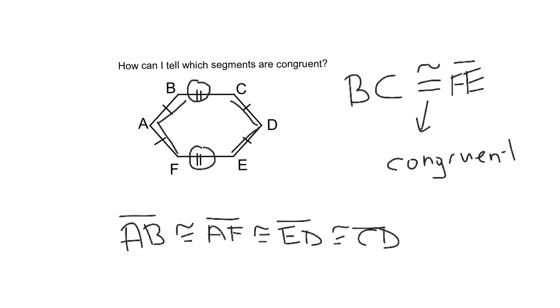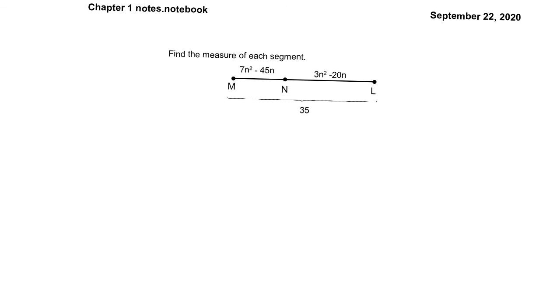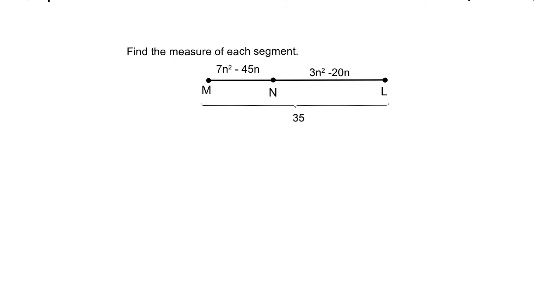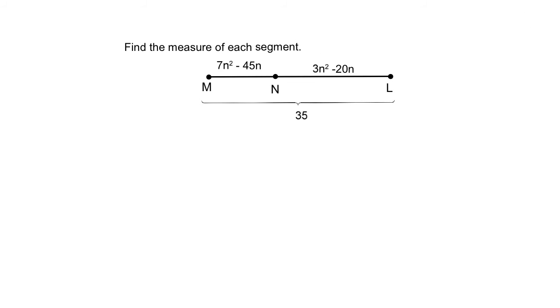All right, excellent. And to finish the class, to finish my lecture for today, and fortunately or unfortunately, it's the most challenging, but I love it. If you look at the picture, you see x squared or n squared, so automatically think about quadratics. Find the measure of each segment.